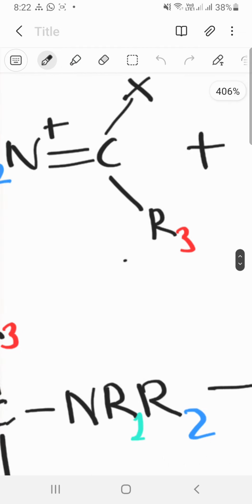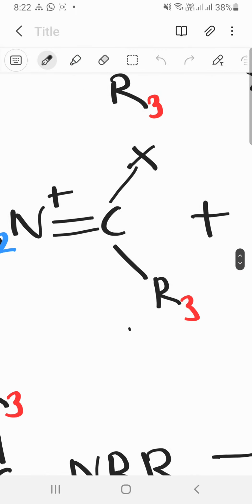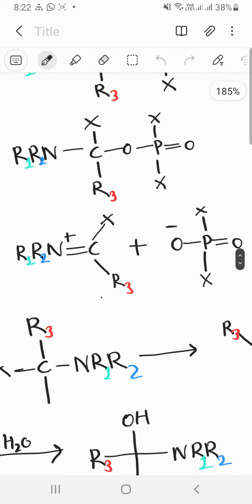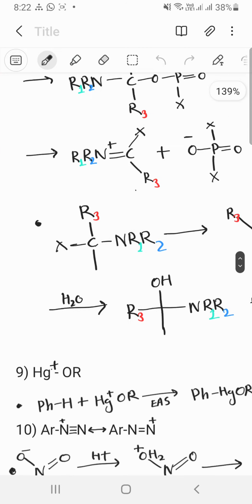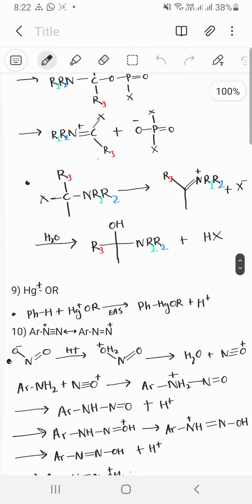It couldn't make that R1R2+ leave, so instead it had to just become a carbocation and add to the aromatic system like that.